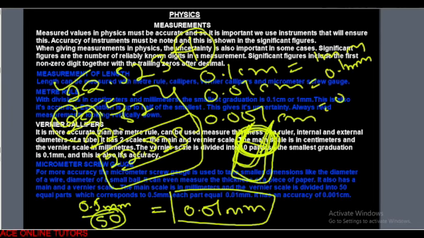This will be 0.01 millimeter. That's if it is in millimeter. But if it's in centimeter, these are the values in centimeter. Know the smallest value. Know what you call accuracy. Accuracy is the closeness of your value to the actual value. Know what you call the uncertainty. The uncertainty is just the digit that you are not sure of. So that's where we are going to stop.